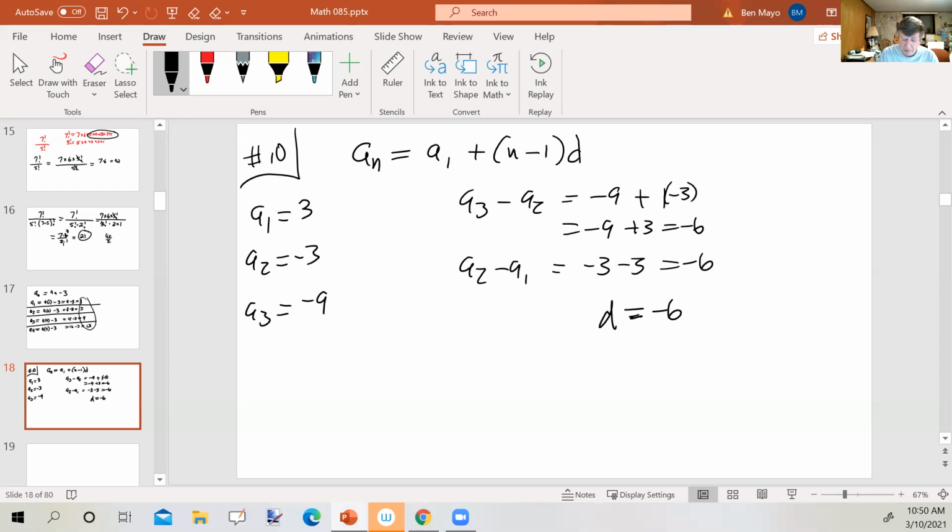All right. Now, we're to find the 101st term. So a sub 101 equals, well, let's see.